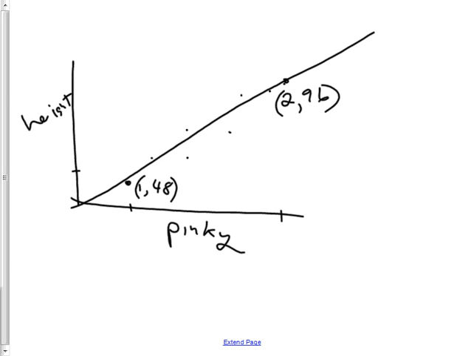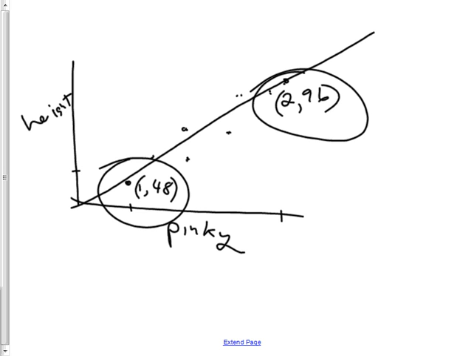Now, there's a fancy way that the calculator can take all of the data points in between into account. The calculator has a way of factoring all of those points in and getting the line to be more and more accurate. Do you get that the more data you have, the more accurate you can be? All right, so we could do this, just you and I, with our brains. This is 2 points, and I want the equation of a line.